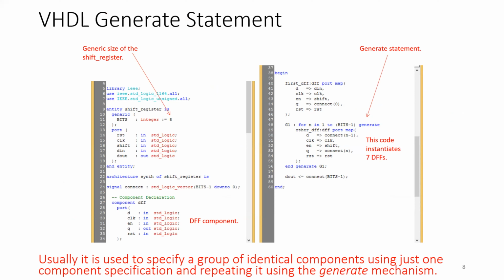Professor, really quick. Yes. Right after you call the first D flip-flop and you call the next one G1, could you name that anything? G1 is repeated 7 times. Okay, so I'm assuming it comes from generate. Yes, generate is a statement that can repeat the generation of the same D flip-flop.